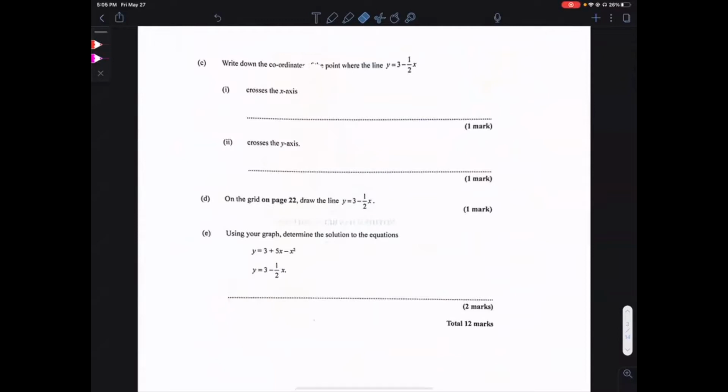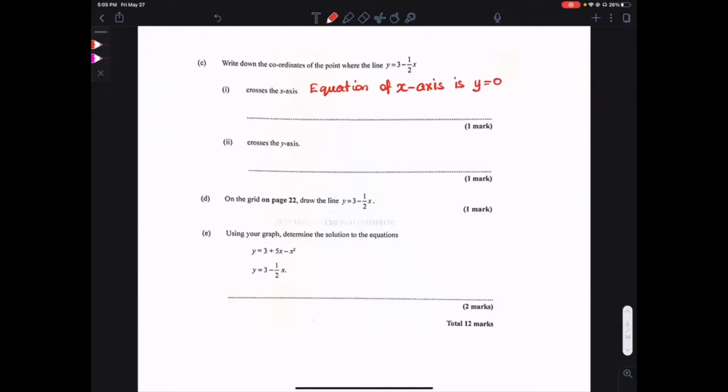Write down the coordinates of the point where the line crosses the x-axis. Now we need to get this straight, and we need to understand this. So let us write this. The equation of the x-axis is y equals 0.